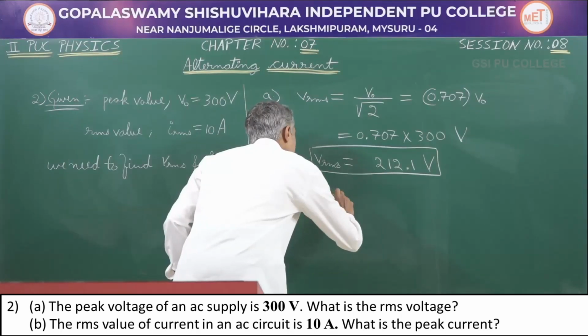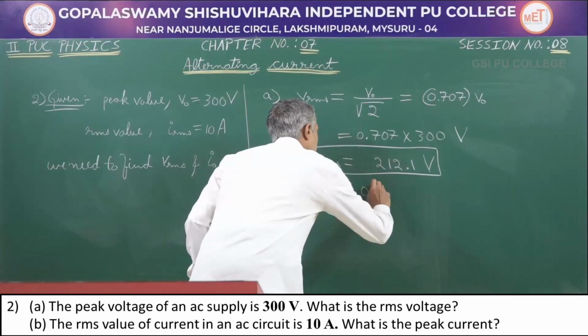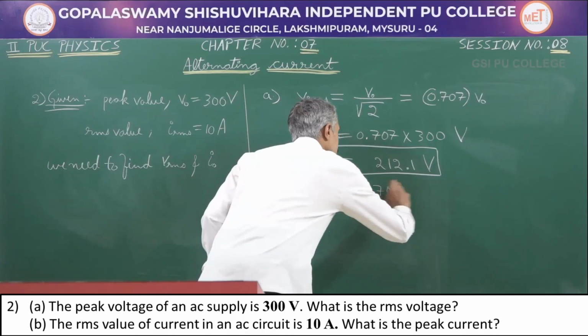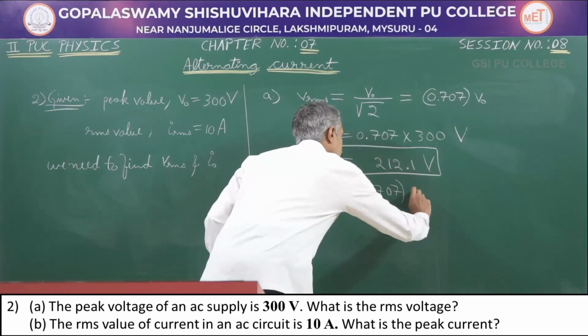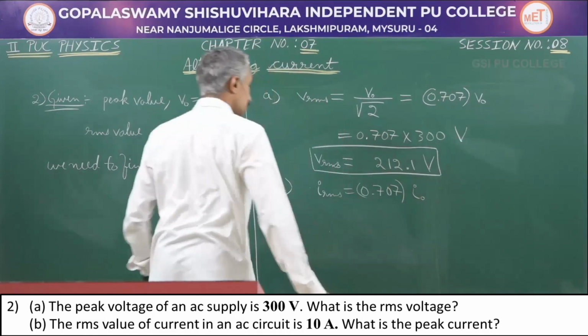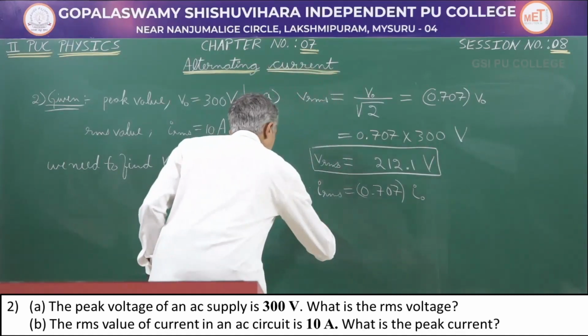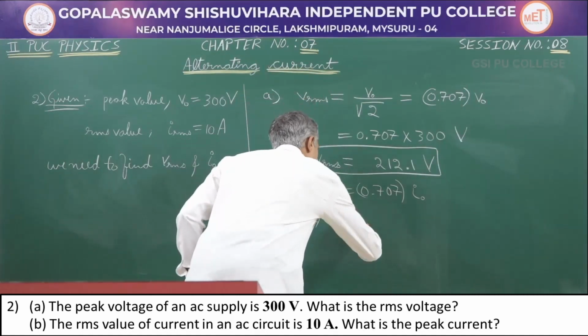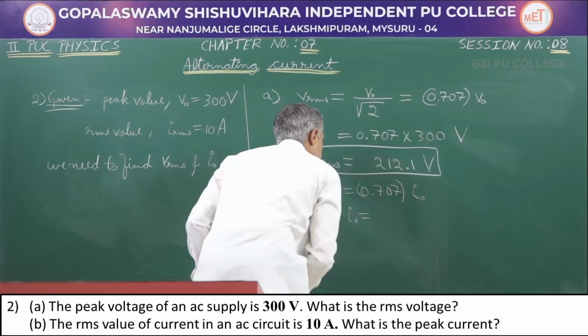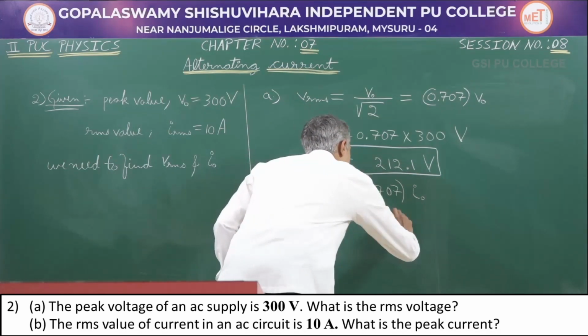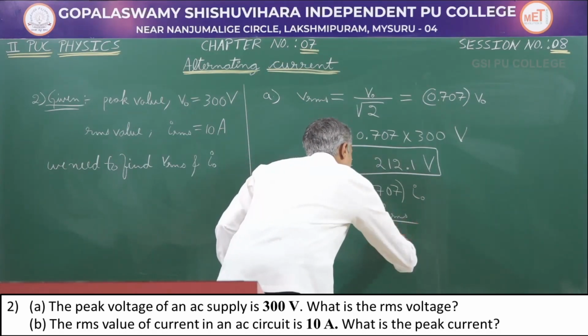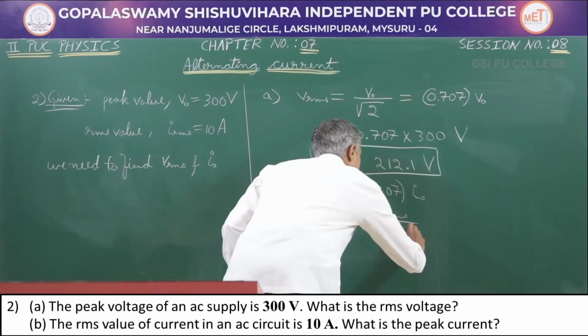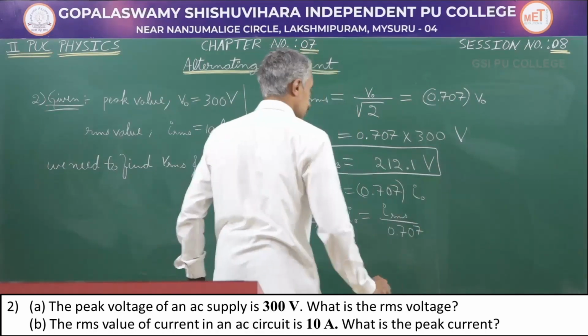The second sub question, we are supposed to find the peak value of the current. I RMS is 0.707 times the value of the peak current. So what does this mean? This means the peak current is going to be I RMS divided by 0.707.